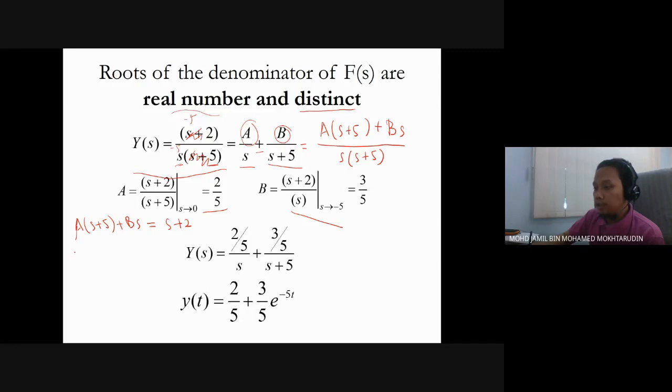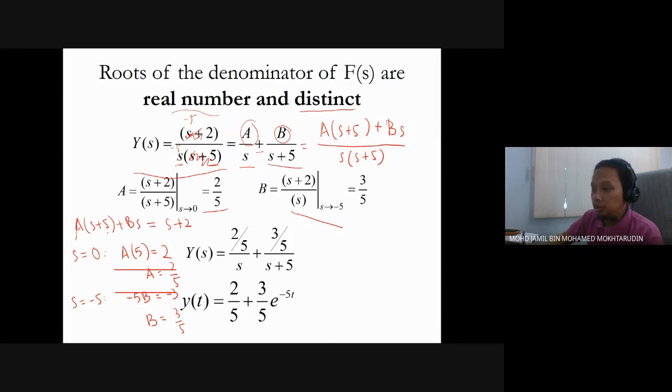Then I assume s = 0, and you get a times 5 equals 2, so a = 2/5. Then I assume s = -5, so I get -5 times b equals -3, so b = 3/5.